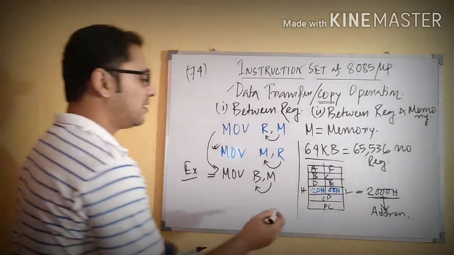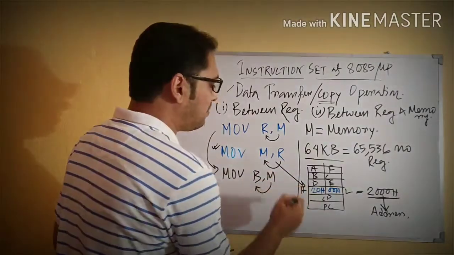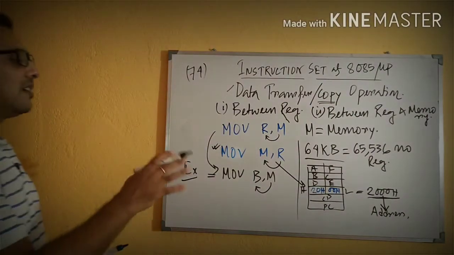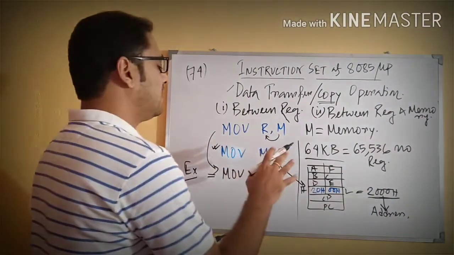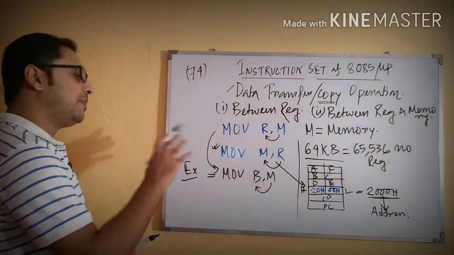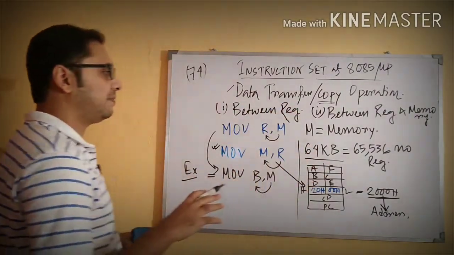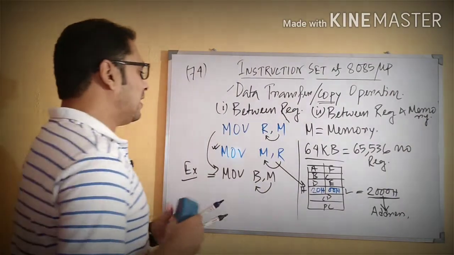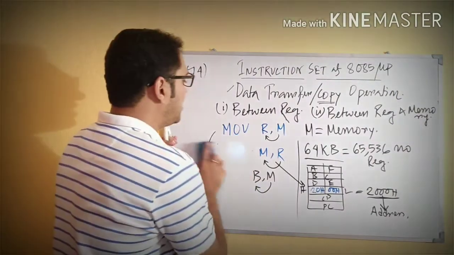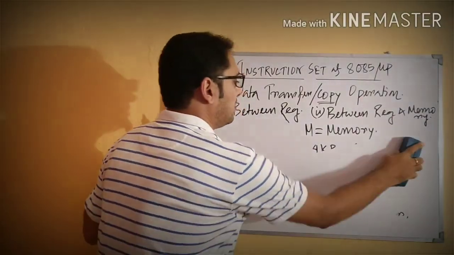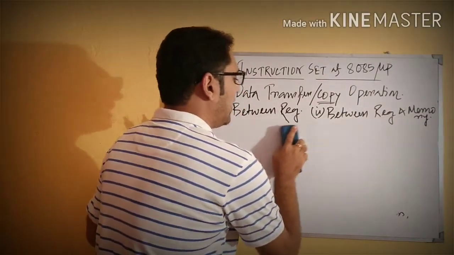The answer is, the location will be given by the HL register pair. Clear? So that is a very easy way to transfer data between register and memory. Now except this, we have plenty of other options, and we will gradually get into that.